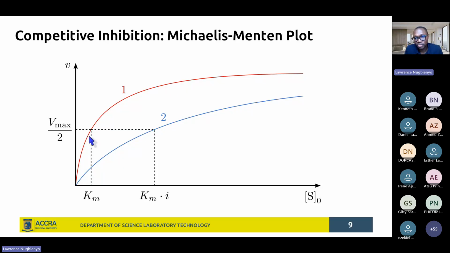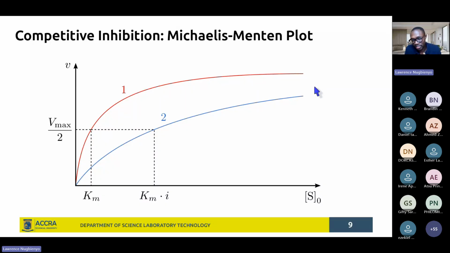Of course, in this case, you can still reach the maximum rate of reaction. The maximum rate of reaction has not changed. It is still the same. So that's for competitive inhibition.